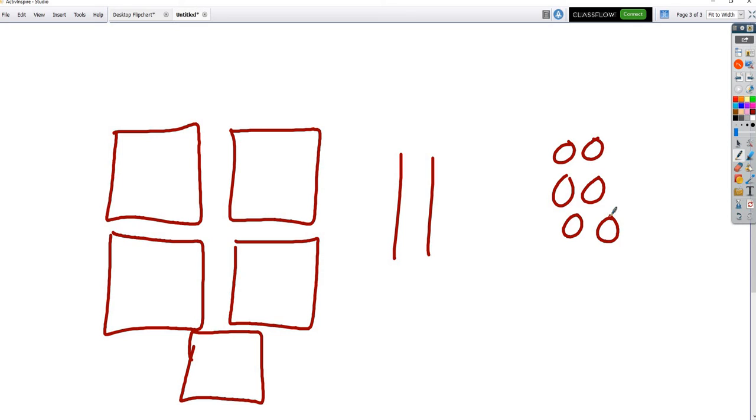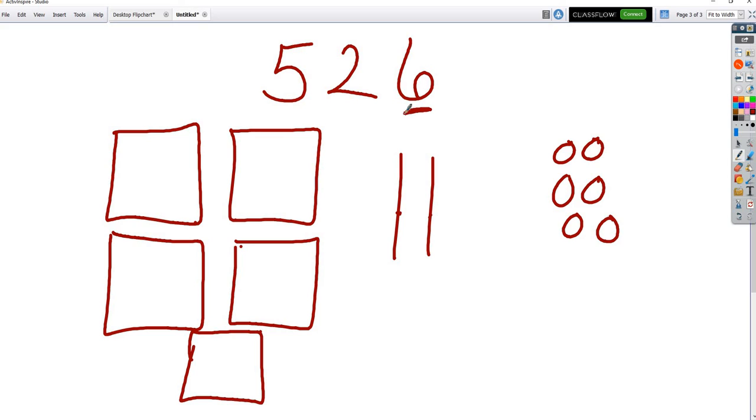Okay, let's see if you're right. Alright, so how many hundreds were there? Remember, the big squares are the hundreds. You're right, there's 5, so put it in the hundreds. How many tens are there? Good, there's just 2, so put it in the tens. And then how many ones are there? Good, there's 6. Put it in the ones.